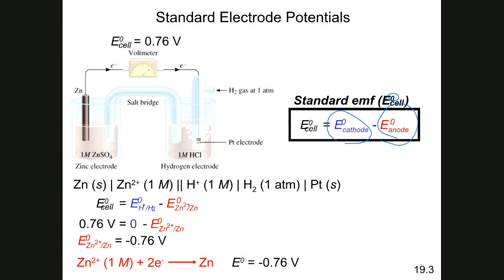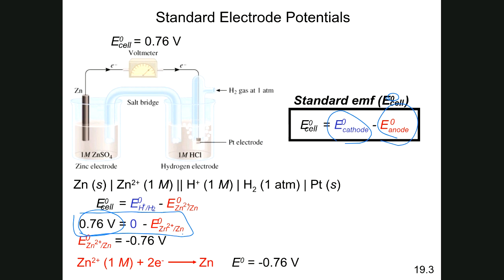So you will get these numbers basically in a table. So reduction of the zinc is going to be 0.76, and then reduction for copper 0.34. A different element is going to have a different value.